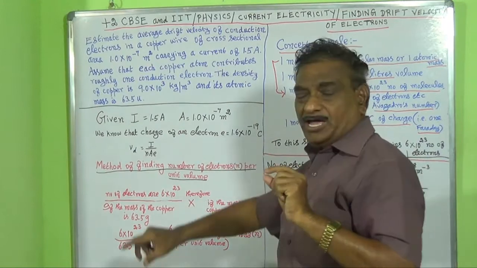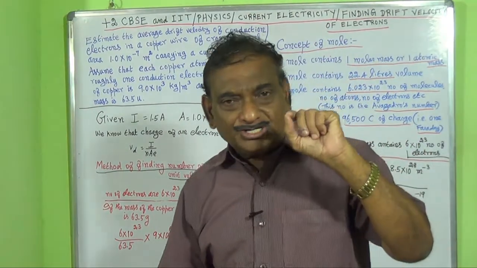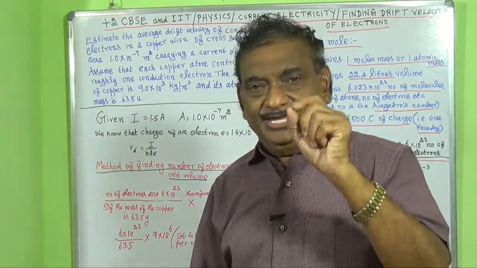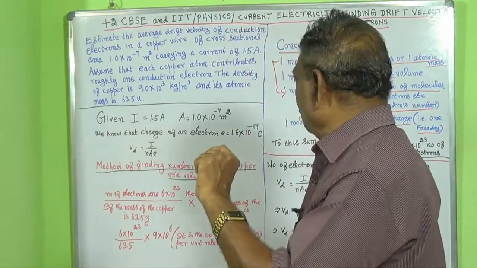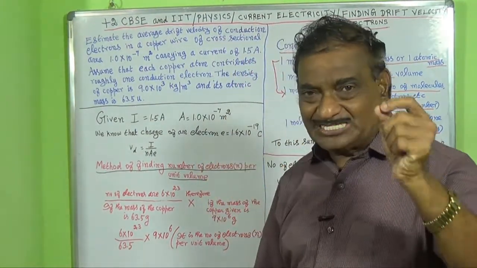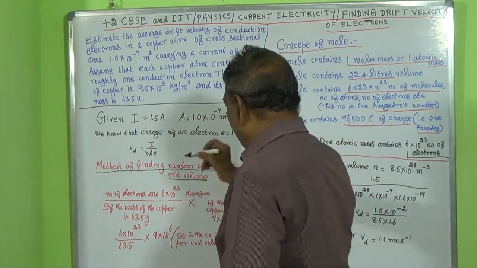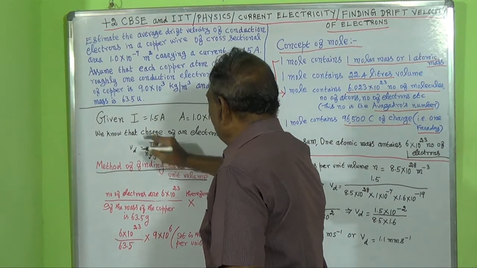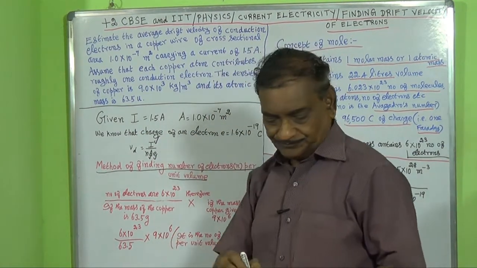The cross-sectional area of the copper wire is given as 1 into 10 to the power of minus 7 meter square. The area is given.